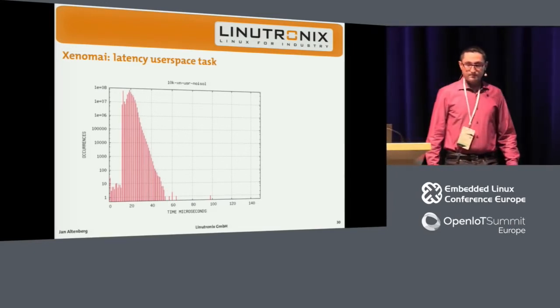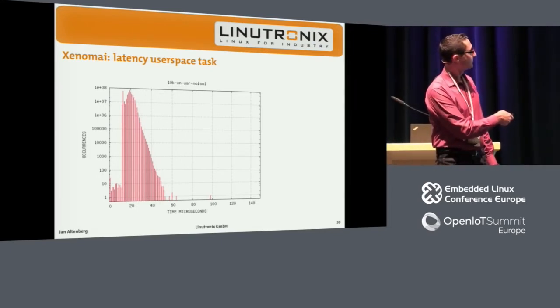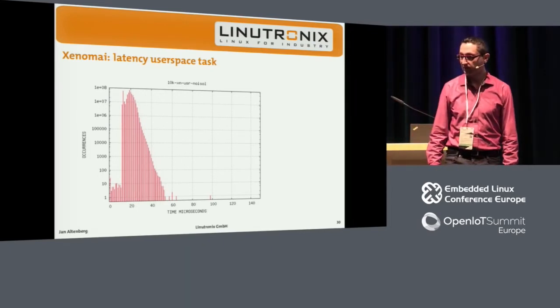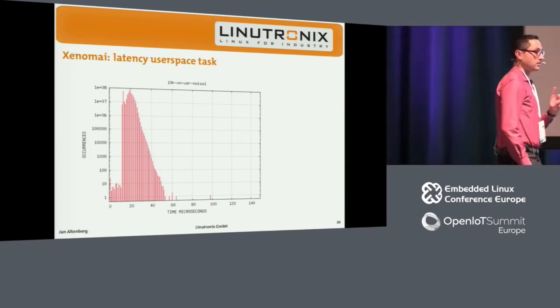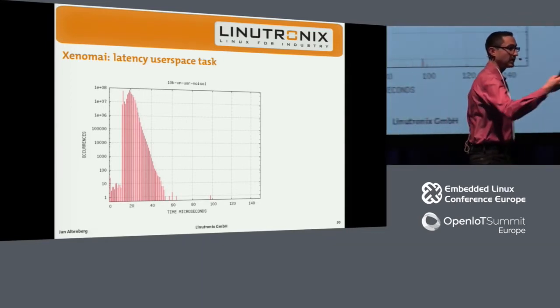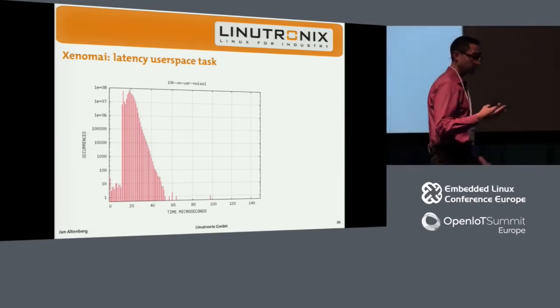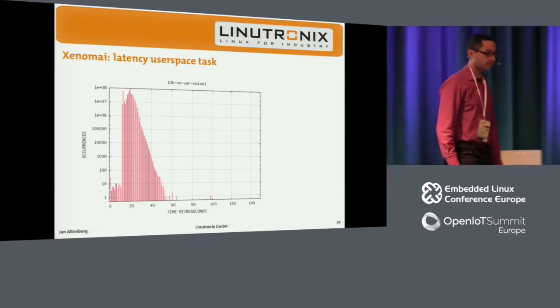Now the average was like 30 microseconds reaction time. But basically, the average is not the number we are actually interested in, right? We want timing guarantees. So if we want to look into timing guarantees, we need to check for the worst case.